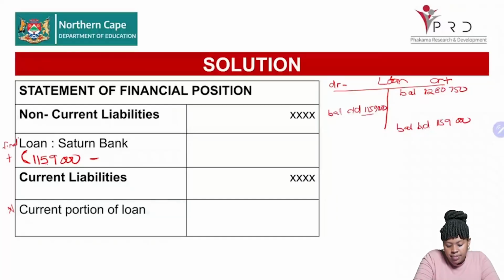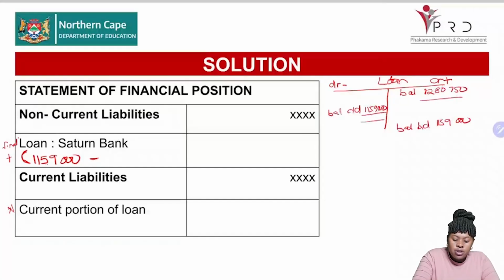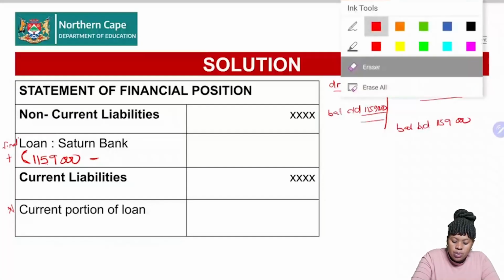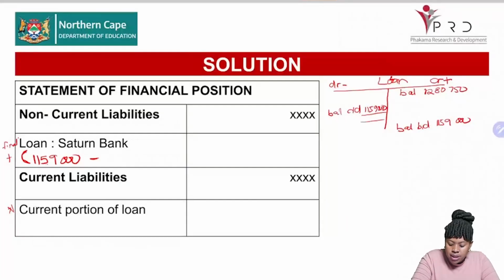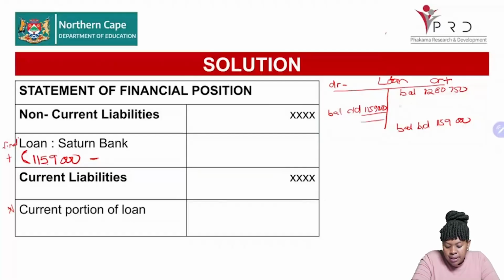The next aspect is that they've given me my interest, so I'll quickly put in my interest. And remember, my interest is capitalized, so I'm capitalizing my interest over here for 142,000.